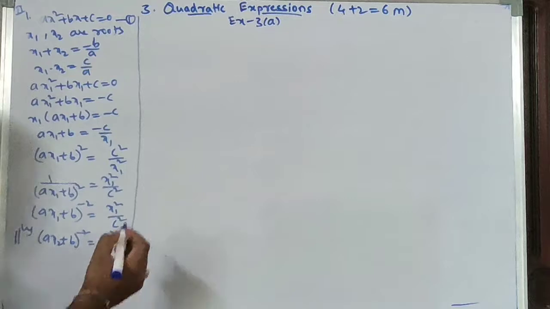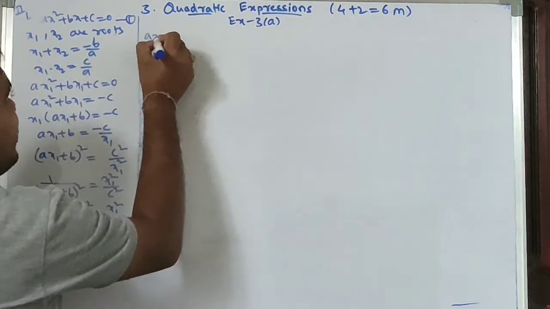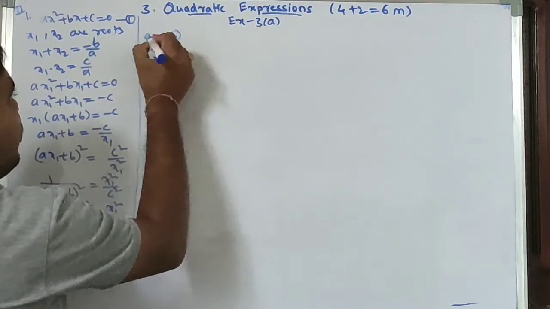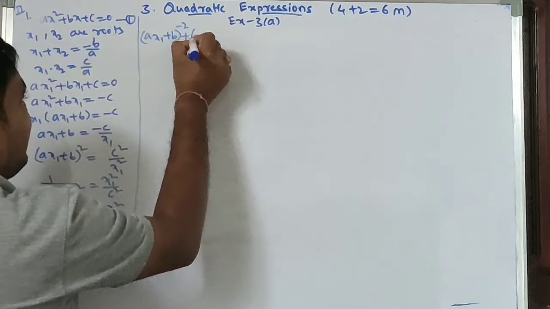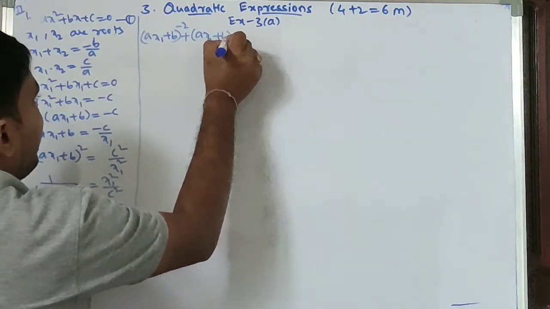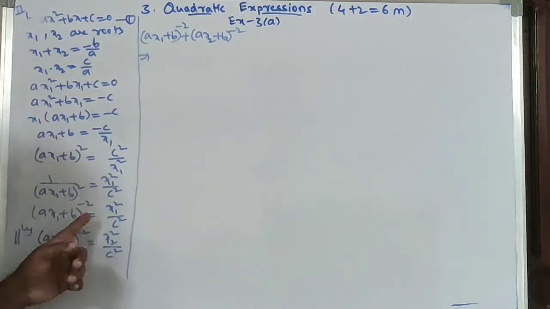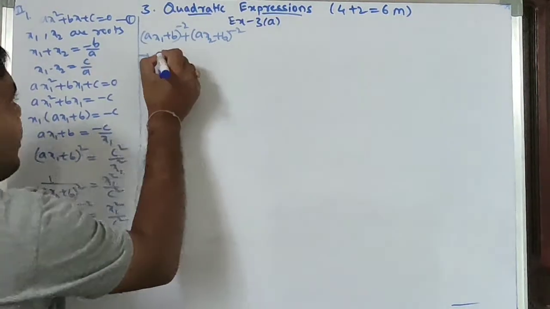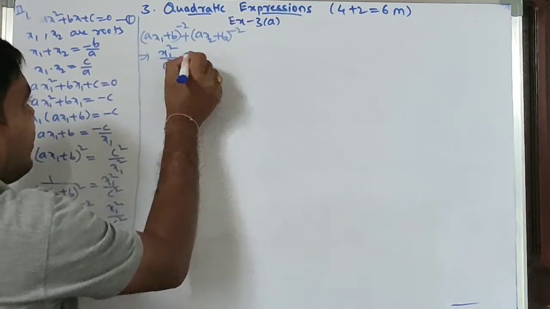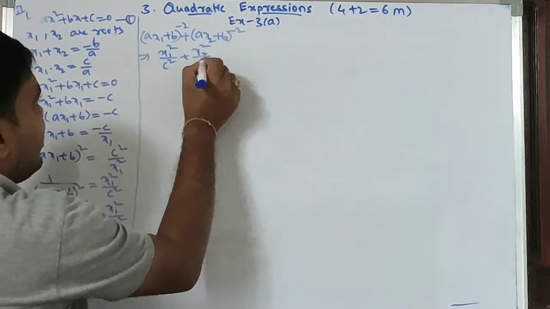Now, I want to add (ax1 + b)^(-2) + (ax2 + b)^(-2). In the next step, this is x1²/c² + x2²/c².